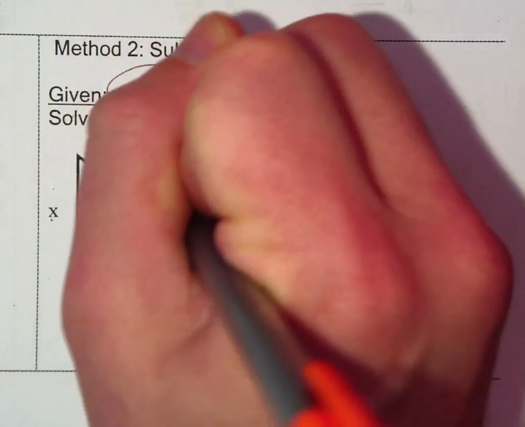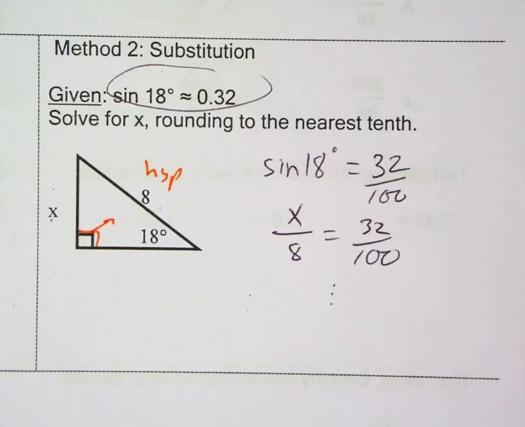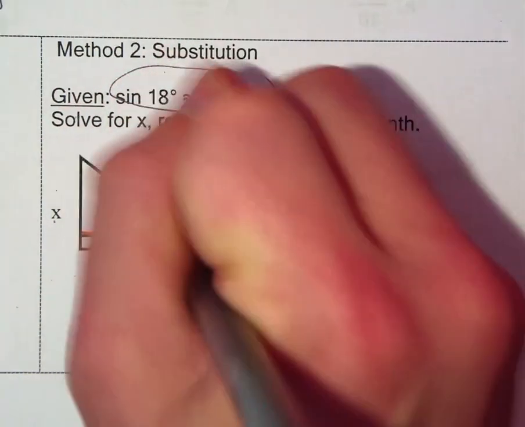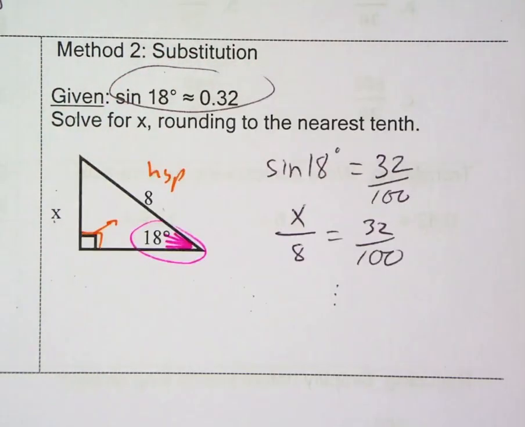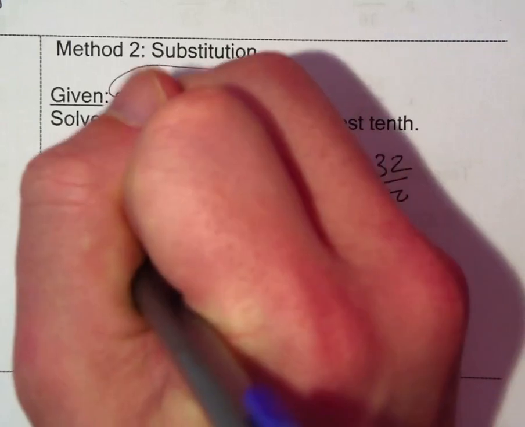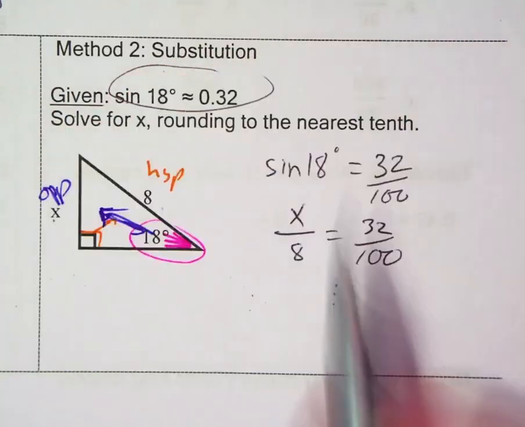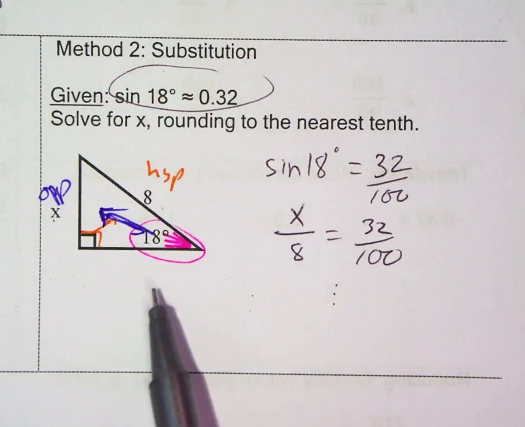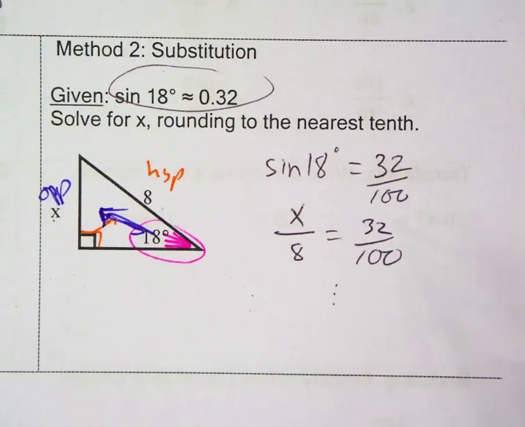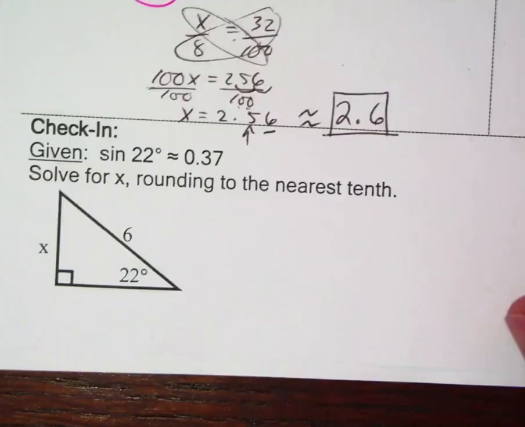Again, all I did was ask myself, what is the sine of 18 in this triangle here? And that's how I got x over 8, sine of 18. You can go ahead and check against your own, hit pause.